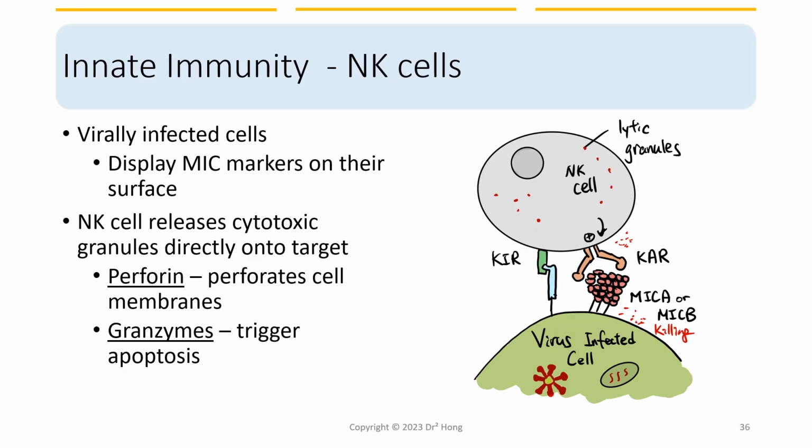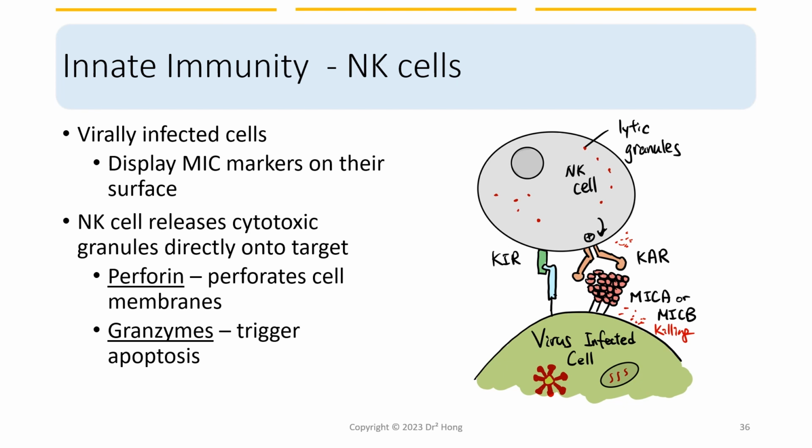And here is the graph to represent virus-infected cells. Now they display these MIC-A or MIC-B. Now these will activate the killer activator receptors, and the NK cells will release cytotoxic granules directly onto the target.